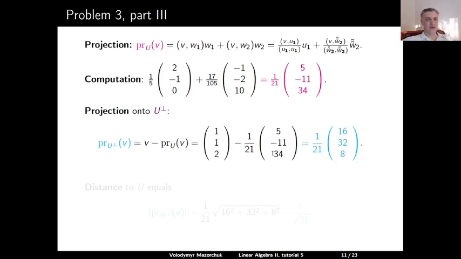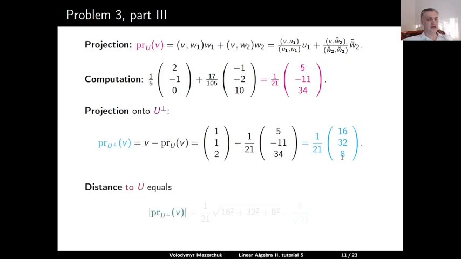So when we compute this, we will get 21 minus 5, 16, 21 plus 11, this is 32, and then 42 minus 34 is 8. So we get 1 divided by 21 times (16, 32, 8).